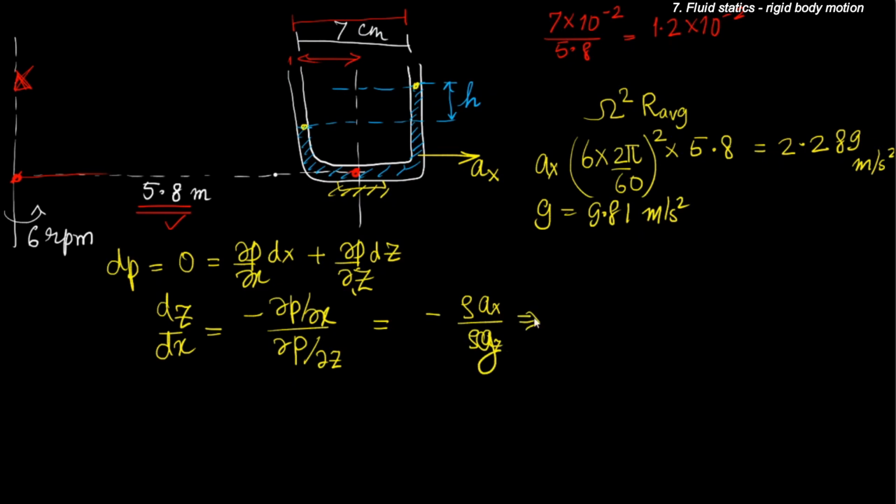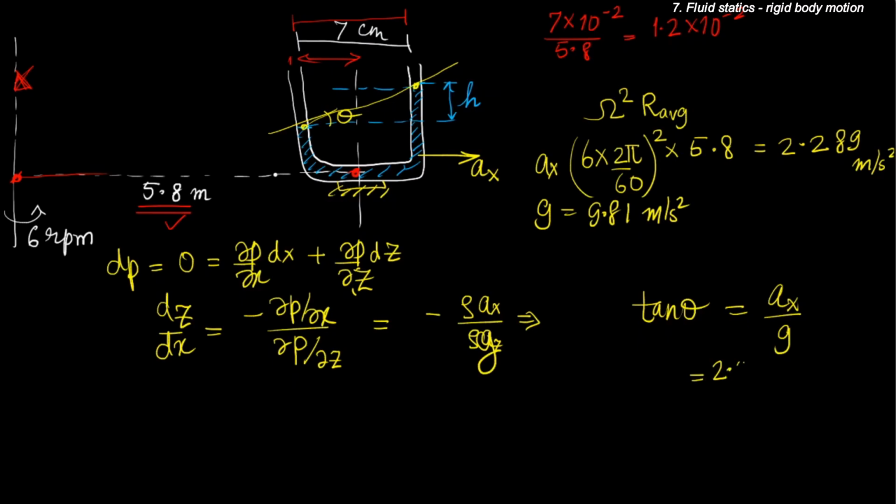So essentially it means that the slope that we want to find, tan theta, if I call this theta, will be equal to the ratio of the acceleration to gravity.